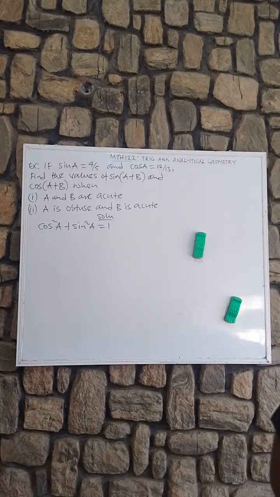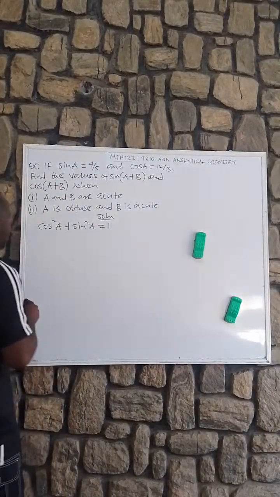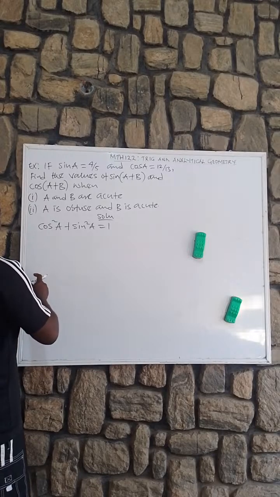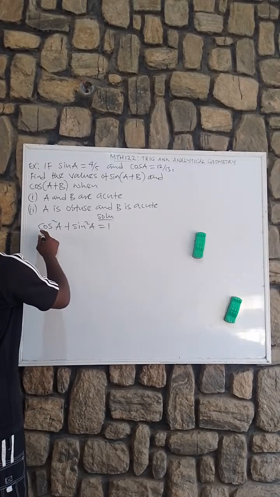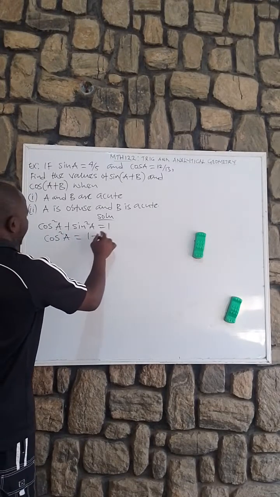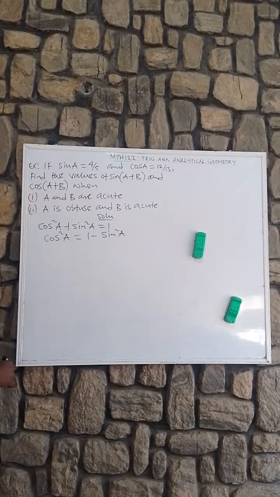So, what we need to do here is, let us recall. If we want to consider this, we can now say that cos square A is equal to 1 minus sine square A. True or false? It is true, isn't it?